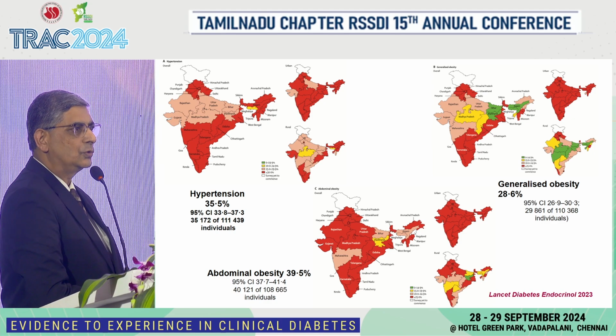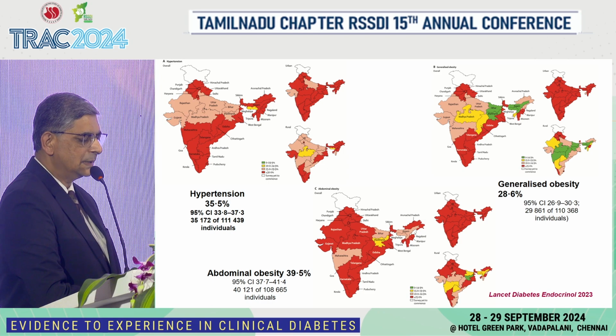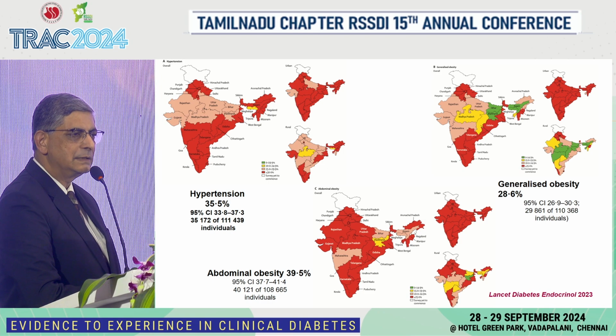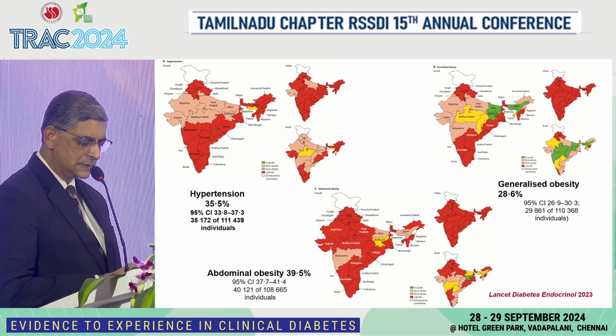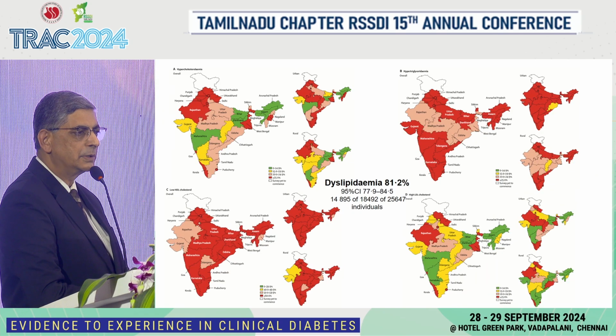Important is the fact that all the cardiovascular risk markers, be it hypertension, abdominal obesity, generalized obesity, are on the rise, and almost about 30 to 40% of our population suffers from one or the other. And dyslipidemia is also to the tune of about 80%.